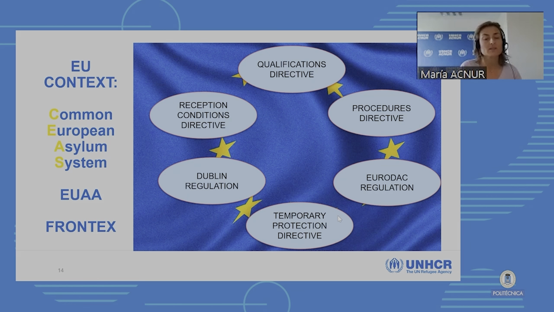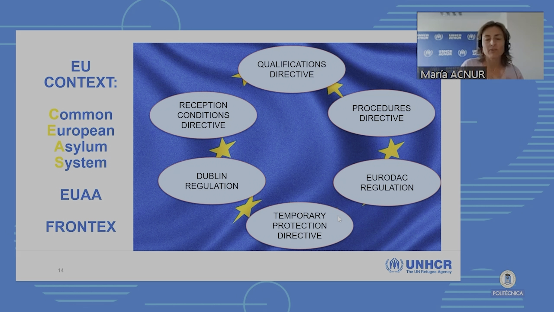So for instance, if you arrive in Spain and you have no other connection to any other state, Spain would be responsible for your asylum claim. If you arrive in Spain, but it was Portugal who provided you with a visa that allowed you to enter the EU, then it would be Portugal who is responsible for your claim.